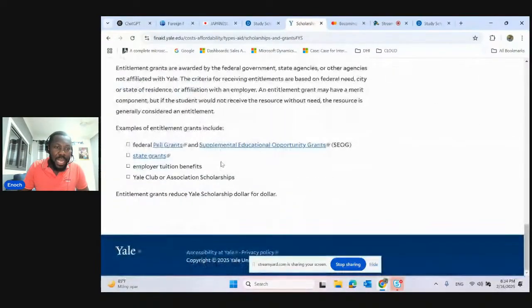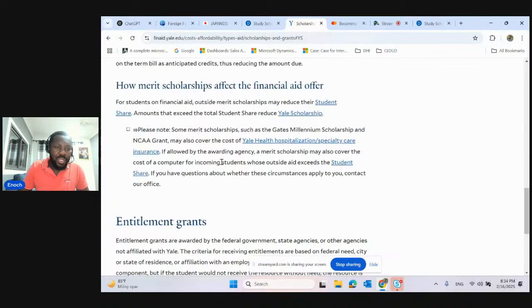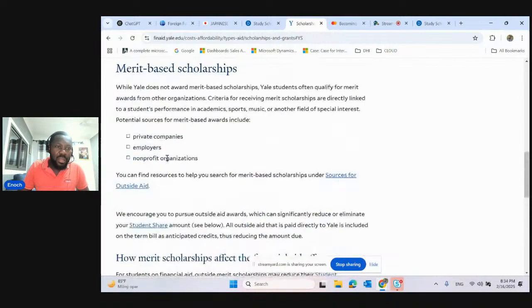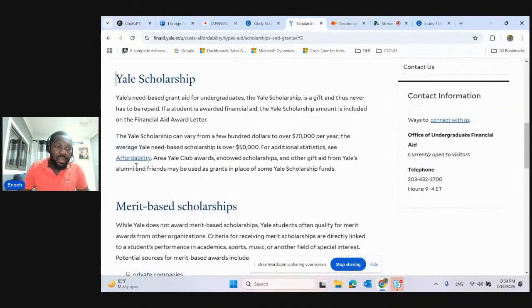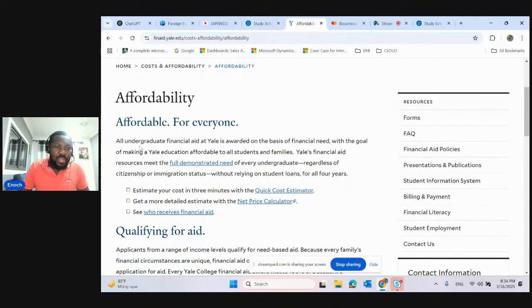Let's see. All undergraduate financial aid at Yale is awarded on the basis of financial need. So you should have a need for funding.